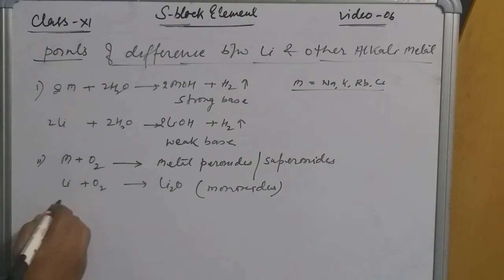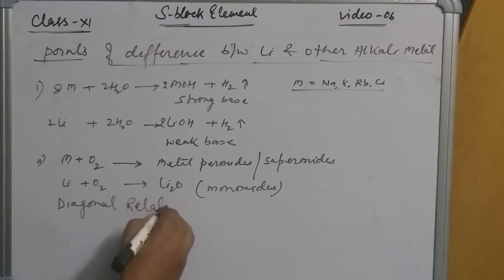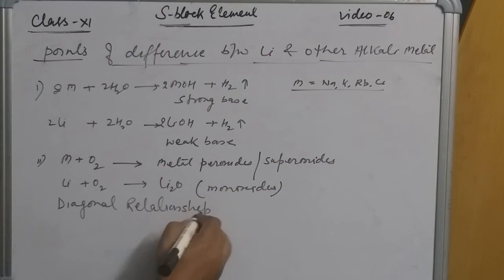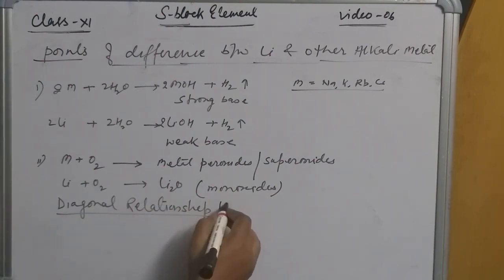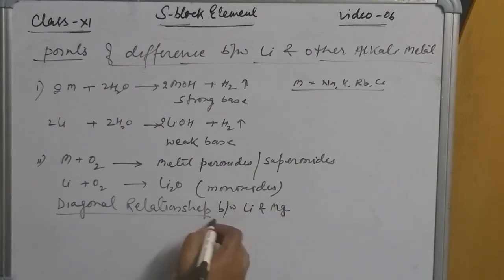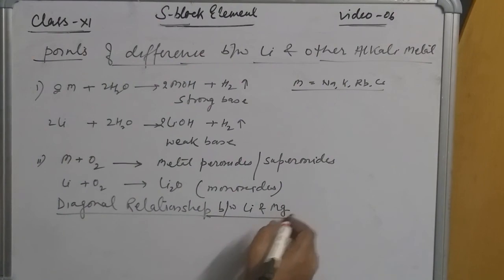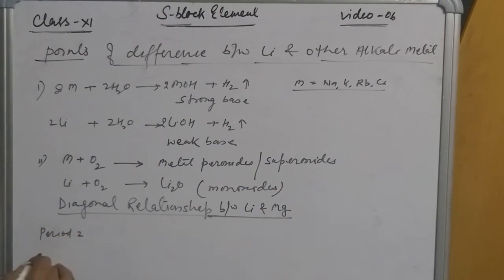So the diagonal relationship between lithium and magnesium, or main group elements like period 2 and period 3.